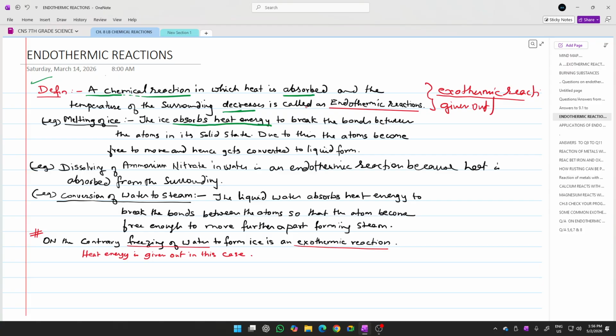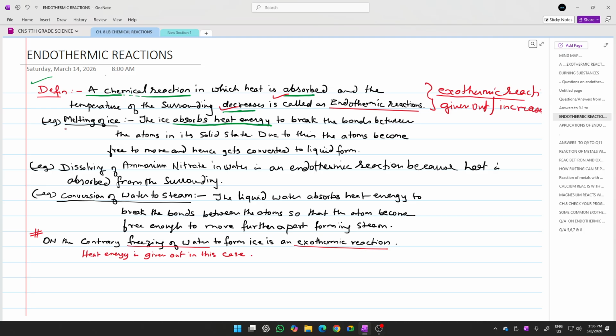The heat energy is given out and the surrounding temperature increases. But in an endothermic reaction, the heat energy is absorbed and the temperature of the surroundings is decreasing. Is that clear? So these two things are happening in an endothermic reaction.